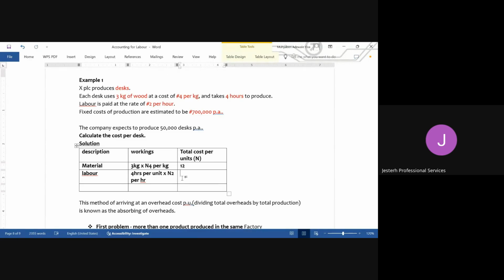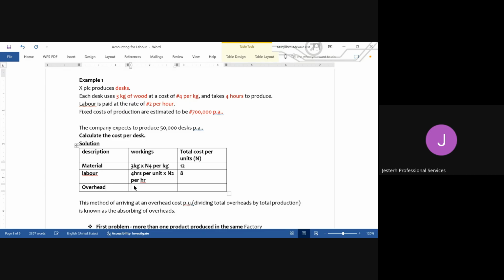So in a simple way, to get the total labor cost per unit, the number of hours, 4, multiplied by what you are going to pay them per hour, gives you 8. It means for labor to carry out the production of these desks per unit, we are paying them 8 naira per unit. Now, this is where we have work to do: overhead.